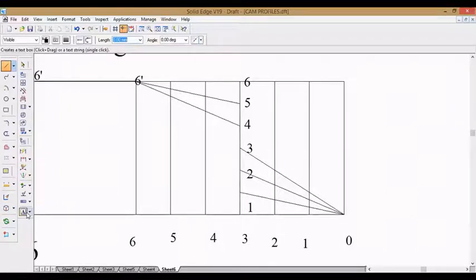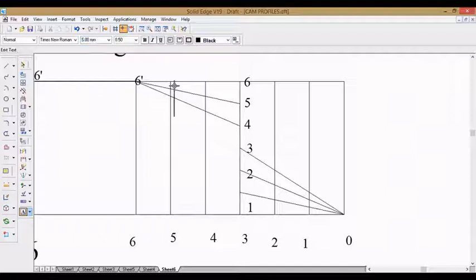Okay. So now the 5 vertical line and the 5 horizontal inclined line are intersecting at this point. So 5 dash. This is 4 dash. 3 dash will be here itself. 3 dash. 2 and 2, 2 dash, and 1 dash.